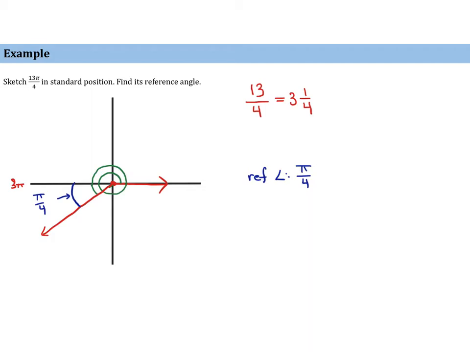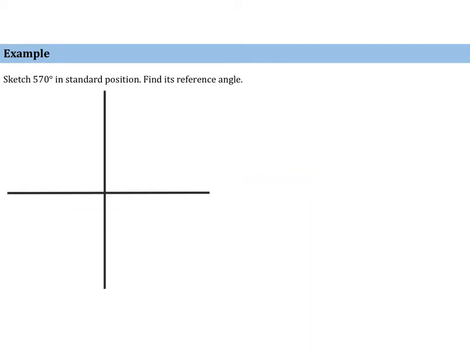So what are we noticing here? In the previous example, 11 pi over 6 had a reference angle of pi over 6. In this example, we saw 13 pi over 4 had a reference angle of pi over 4. Let's look at the next example in degrees. 570 degrees. So this is a measure counterclockwise. So there's 360 degrees.